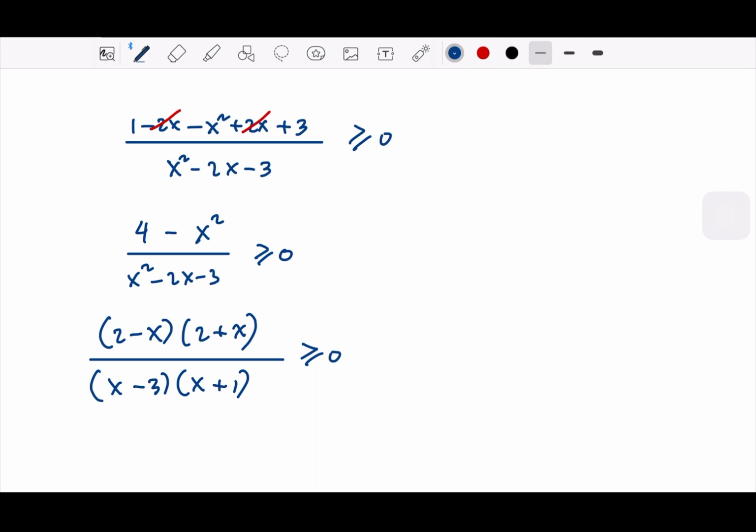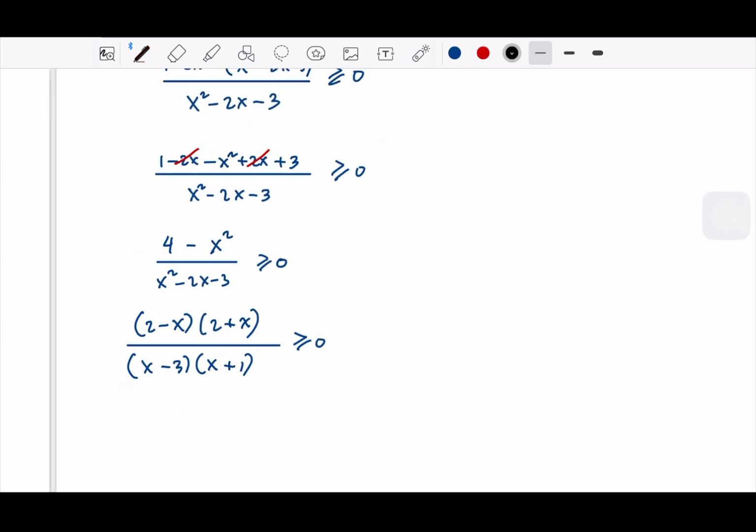Now we know that the possible zeros are the ones that make this equation equal to 0. And the exceptions are in the denominator, because we can have undefined parts there when x equal 3 or when x equal -1.